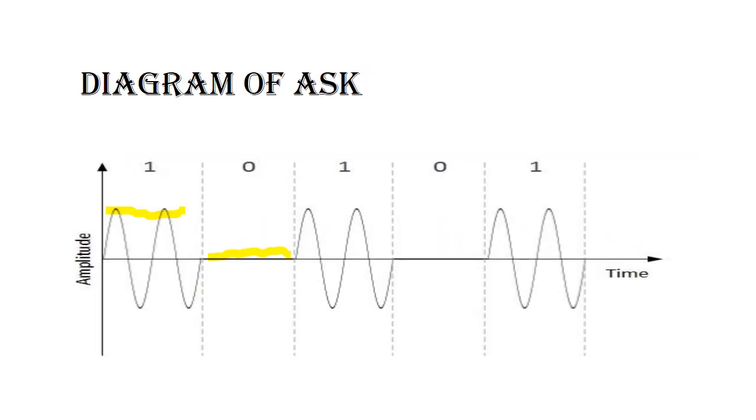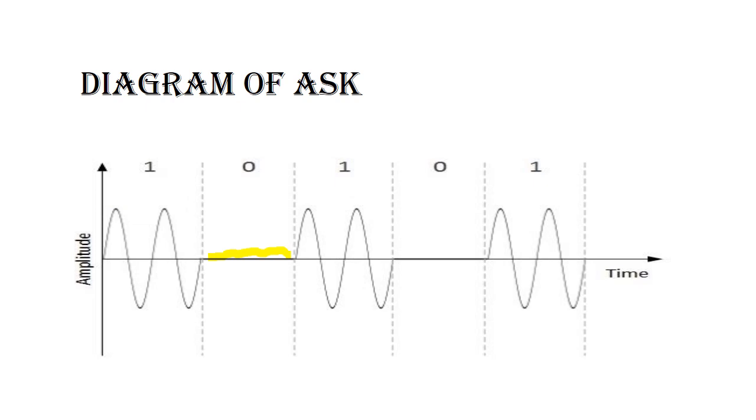Let us understand amplitude shift keying, which is also known as ASK in short, through the diagram. Here in the diagram you can see analog signals representing binary 1 and 0.